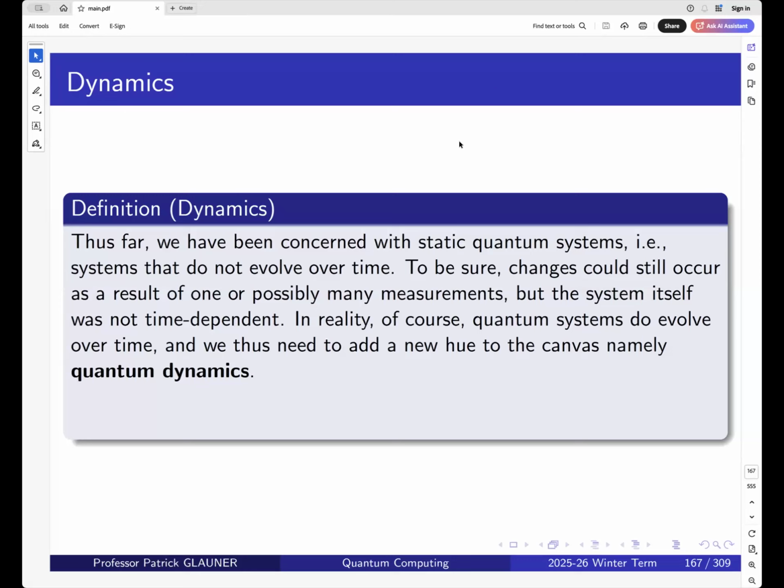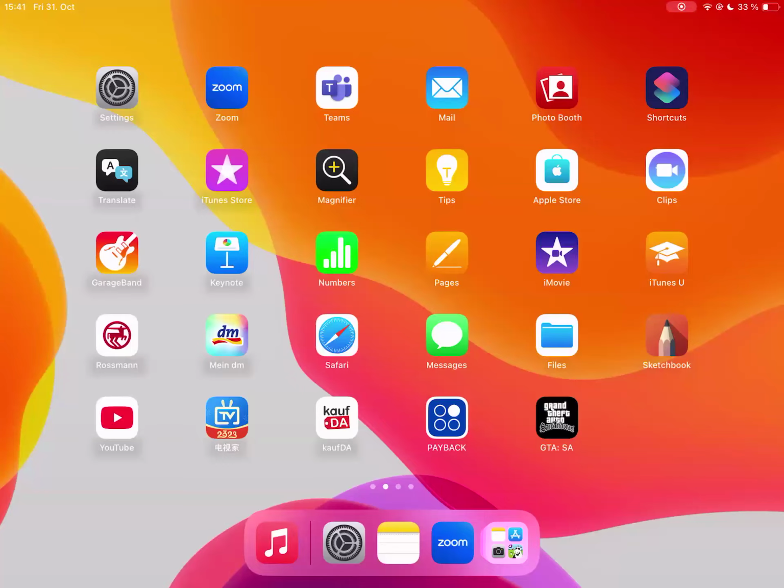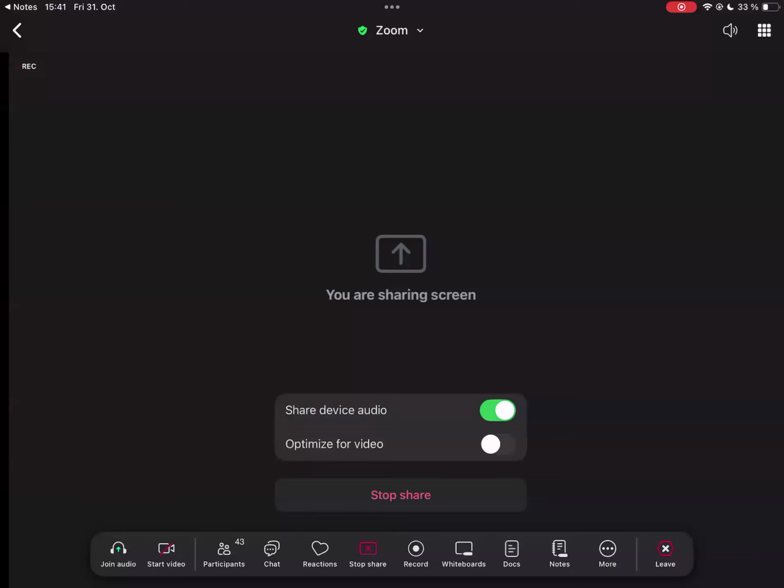And that's something we already touched a little bit last week when we looked at unitary matrices. This is something I want to extend on now with you, and we'll look at multiple unitary matrices.